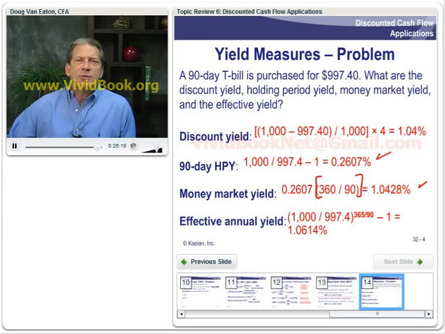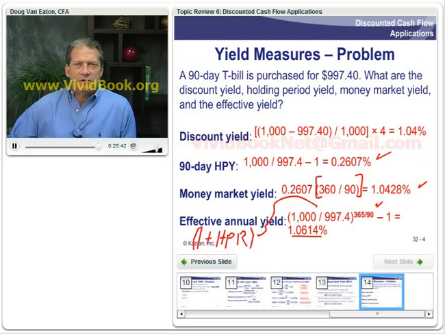Now remember, what's in that parentheses is also 1 plus the holding period return or yield. Take it to the power 365 over 90, subtract 1, and we find our annual effective yield is in fact a little bit higher, 1.0614%. So again, everything lines up.